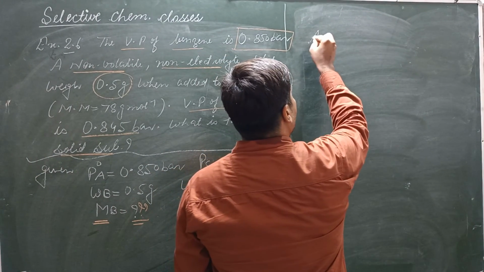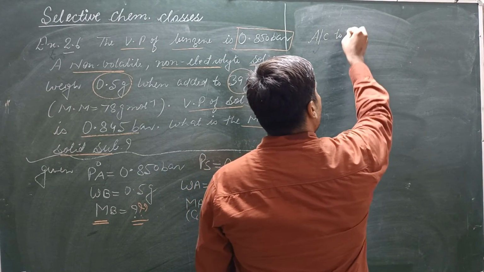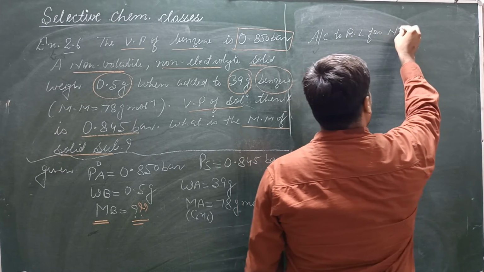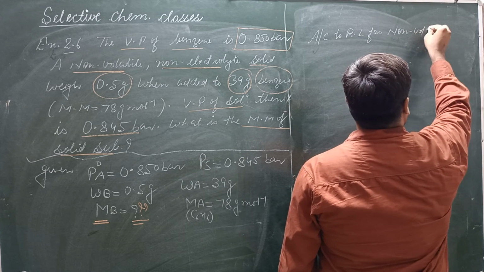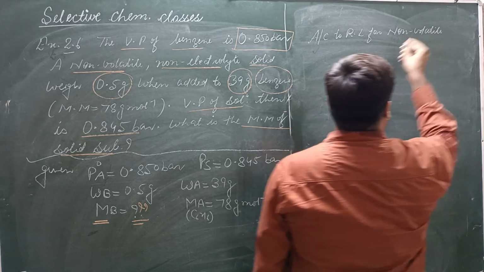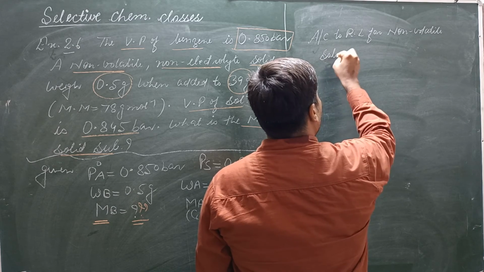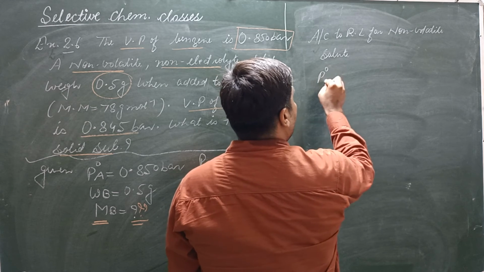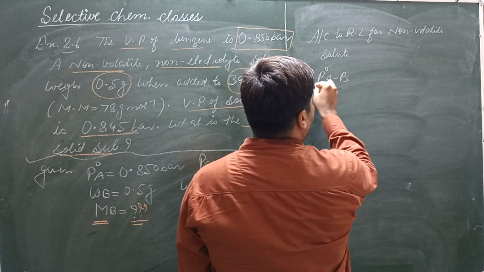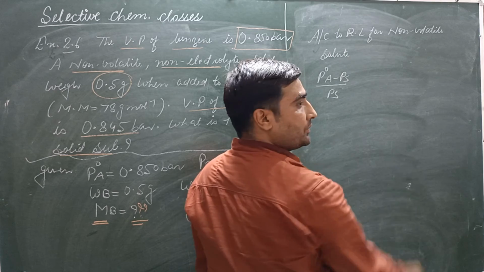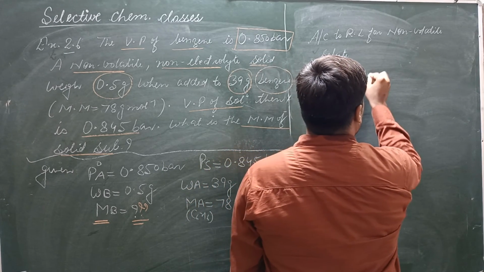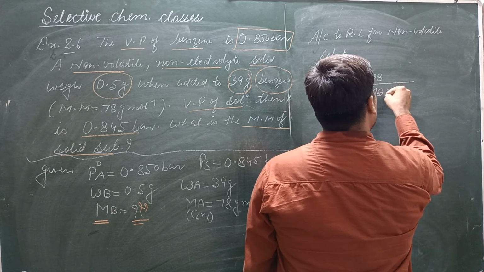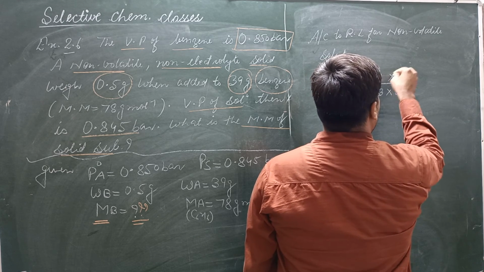As we have studied, according to Raoult's law, for a non-volatile solute, we have just studied the formula (P naught A minus PS) divided by PS for any type of solution. This will be equal to WB by MB into WA by MA.